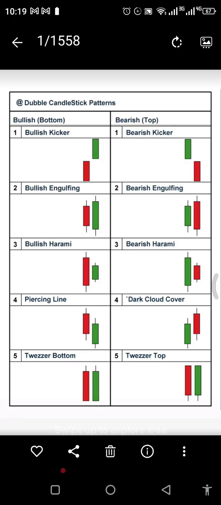You see the bullish candlesticks, and then you also see the bearish candlesticks. Okay, the bullish candlesticks on my left and the bearish candlesticks on my right. So the first one you see there is called the bullish kicker.